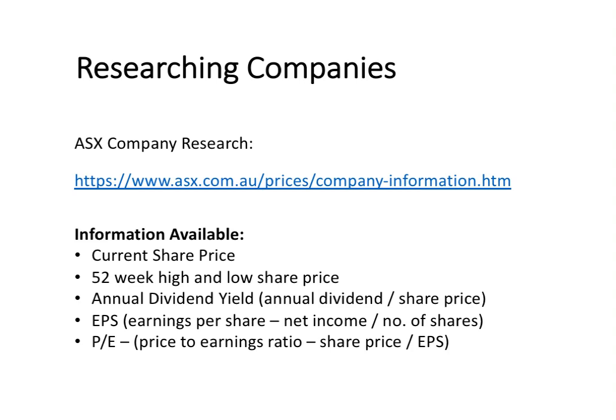So each year, your one share, how much net income is that receiving? And you can also find out the price to earnings ratio, which is the share price divided by the earnings per share. All of this gives you information about how well the company is going, how much the company is earning, and it allows you to compare the same information for different companies.